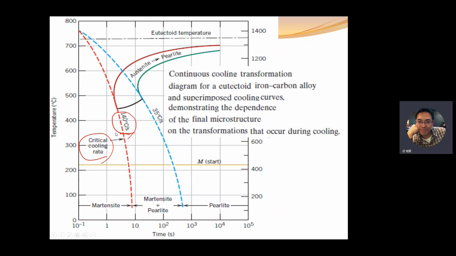So if the cooling rate is faster than this, what's going to happen? Say there's a cooling rate like this curve, assuming it's 200 Celsius per second. What phase do we get?